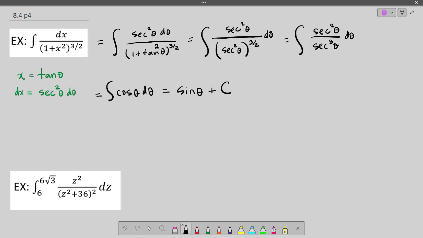So we do have to draw our magic triangle down here. Always draw it as if it's in quadrant 1. Put theta right there. Tangent of theta is x, so that means rise over run has to be x. Then we do the Pythagorean theorem to get to the hypotenuse, so that's going to be the square root of 1 plus x squared, or x squared plus 1, depending. A lot of people like to write it as 1 plus x squared.